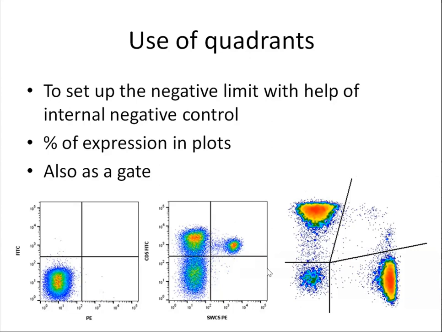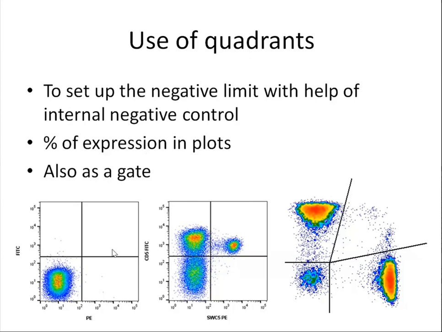If you draw straight, linear quadrants, some amount of this population will be cut, which is not right. So I will use a hinge quadrant, where one of the arms can be adjusted, and similarly this arm can be adjusted. That is when I'll be using a hinge quadrant.